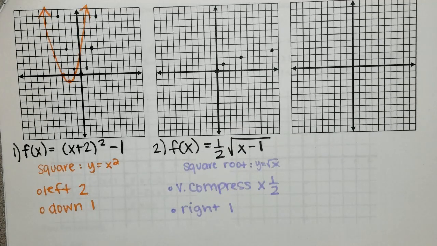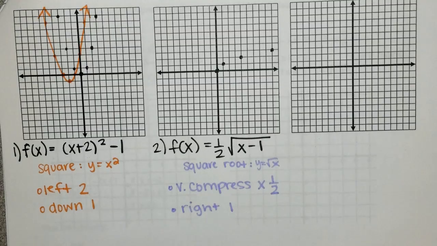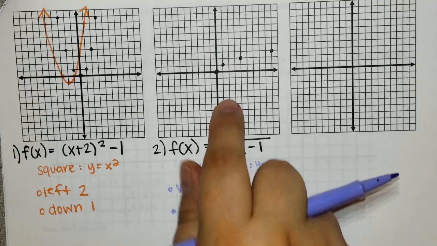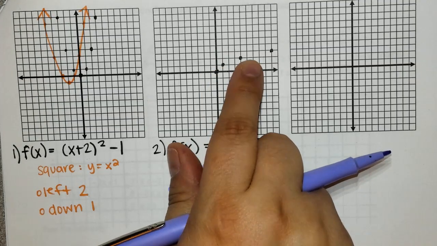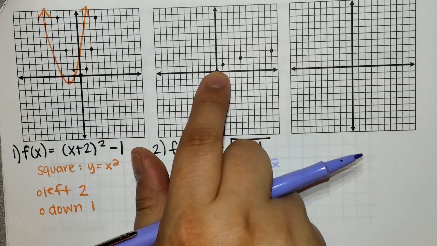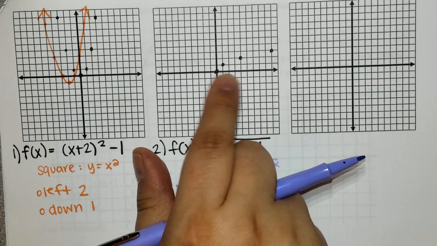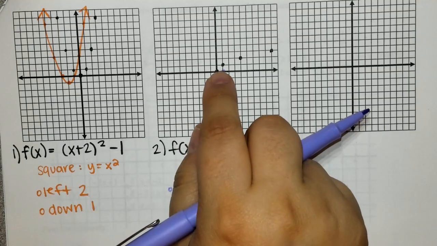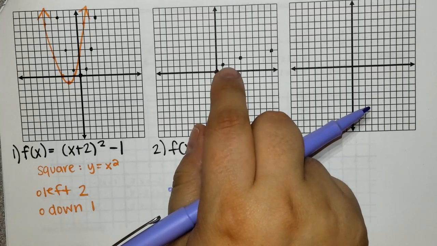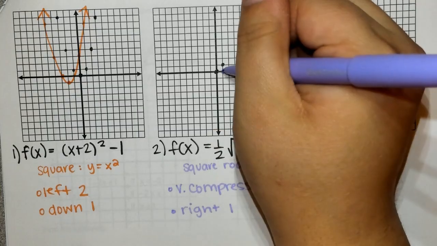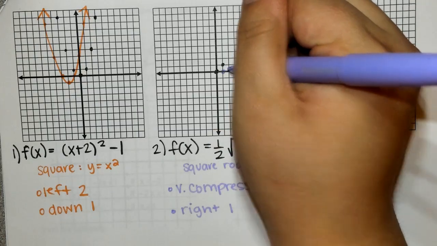When we vertically compress, we are multiplying our y value. Vertical is the y. So I'm going to basically look at all these y's and do half of what they are. So what's half of 0? 0. Stay 0, and then just go right 1. The next one is at 1. What's half of 1? Half, and then go right 1.